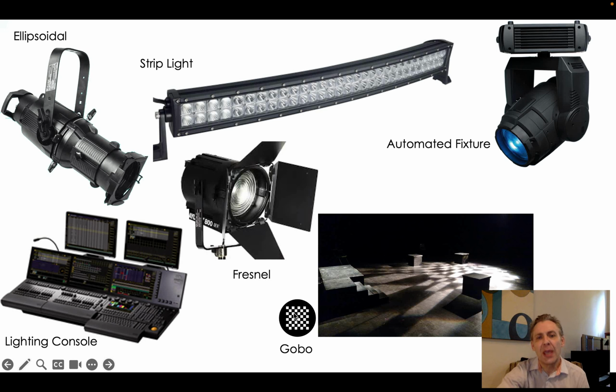A gobo is a round piece of metal that has a design laser cut into it. And it can be slid into an ellipsoidal, an ERS, and it slips in right up here where my arrow is. And when you put that on the scenic environment, you get a shape.